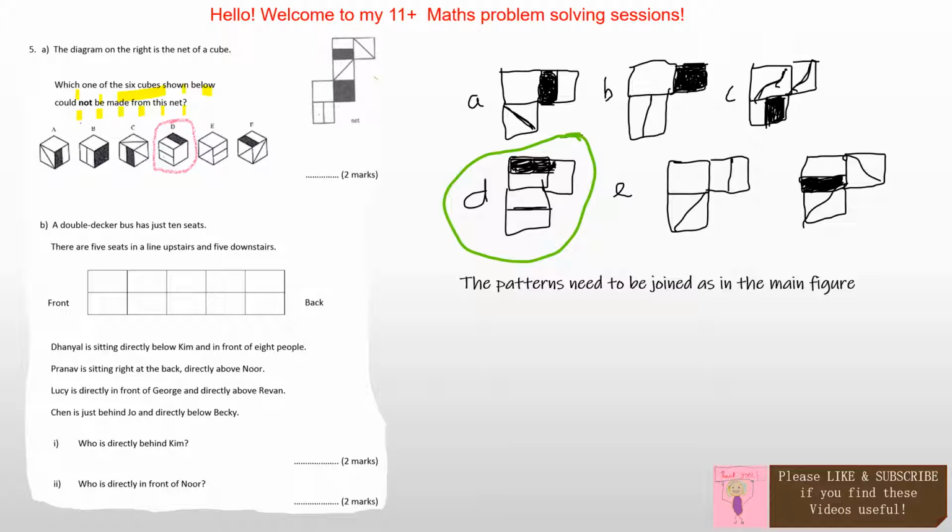So this is A. We have this blank square, and then this and this. You see this is coming from blank. We have blank, we have this, and we have this. So they are linked, right?